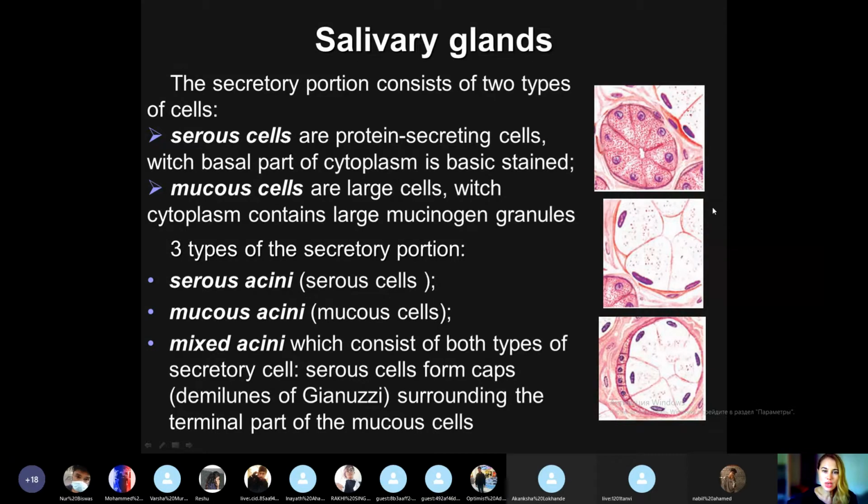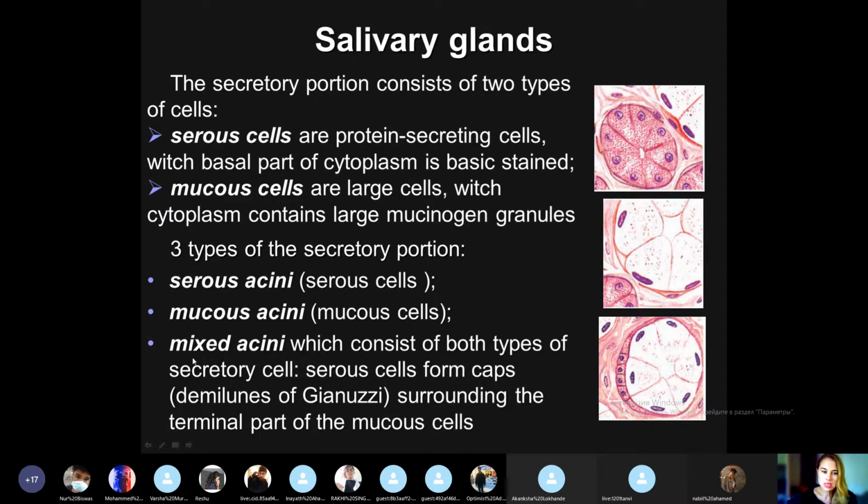Mucous acini are composed of the mucous cells only. In case of the mucous cells, we mentioned that these cells are responsible for the production of the mucin, which is packed in the mucinogen granules, and this is why the cytoplasm has light color or pale color.